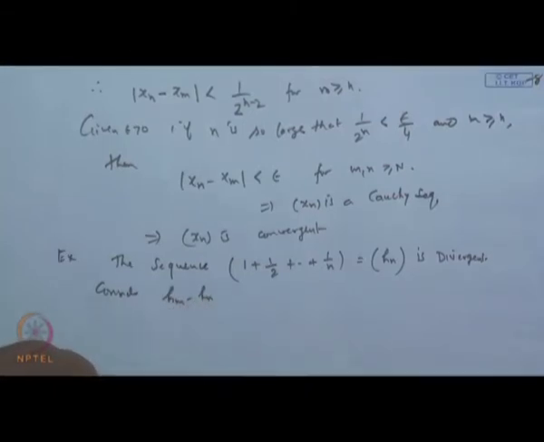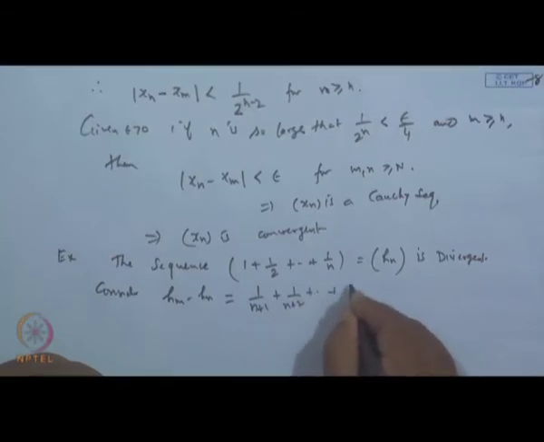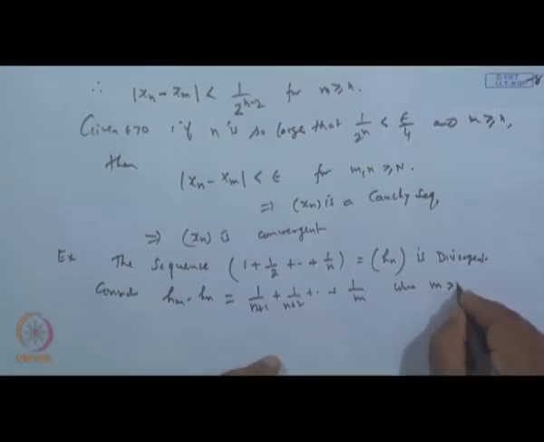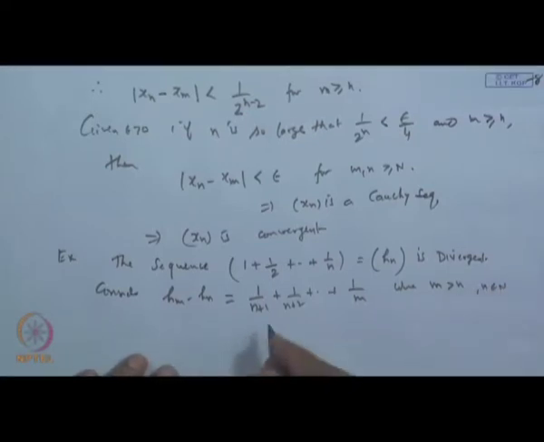minus h n. Okay. When you take h m minus h n, then what do you get? You are getting 1 over n plus 1, 1 over n plus 2, and so on up to 1 over m, where m is greater than n, and this result is true for all n belonging to capital N. Now, the lowest term is 1 by m, is it not, 1 by m.